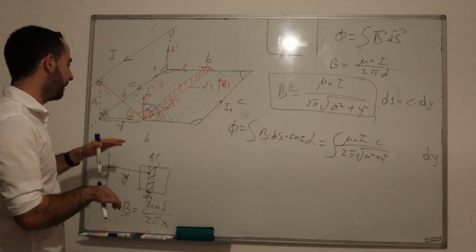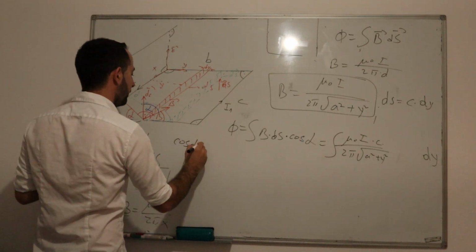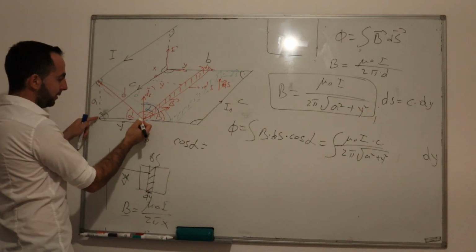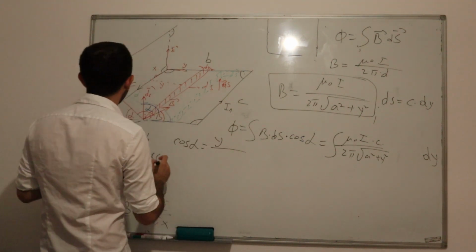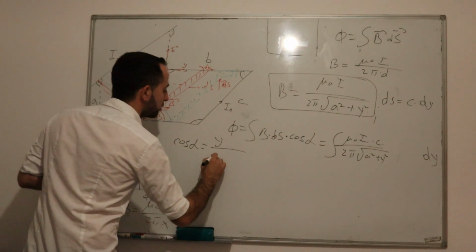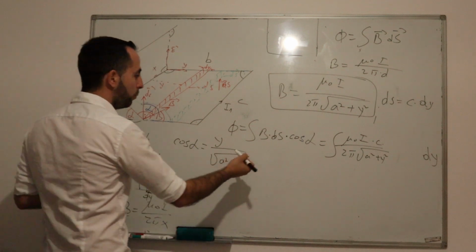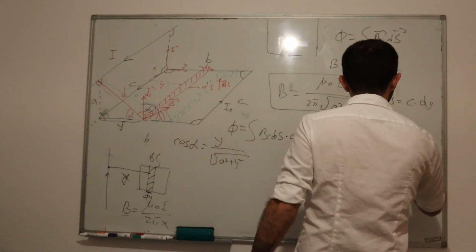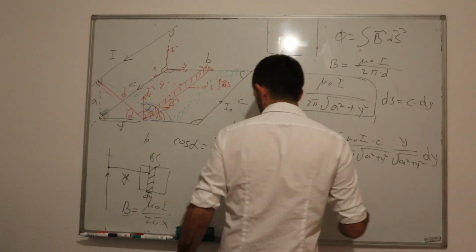I'm looking for where I have a right triangle. I have it here. Cosine alpha is the adjacent side, which in my case is y, divided by the hypotenuse, which is d, or the square root of a square plus b square. So I put this here, and I get y over the square root of a square plus b square.